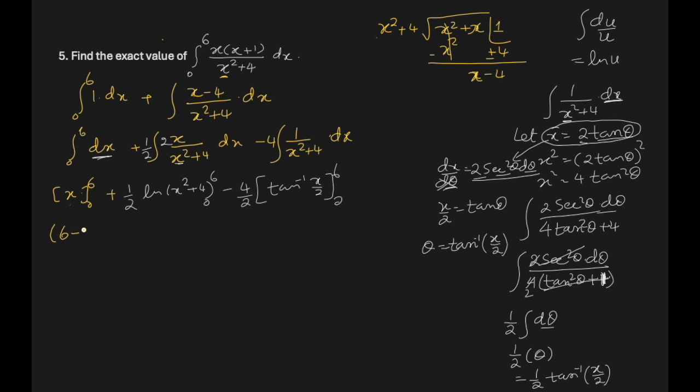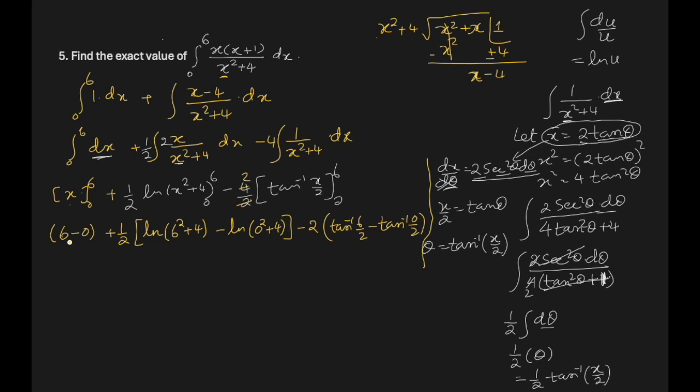So it will be 6 minus 0 in this, plus half natural log 6 square plus 4 minus natural log 0 square plus 4, and this one, this can cancel, minus 2 tan inverse x is 6 over 2 minus tan inverse 0 over 2.